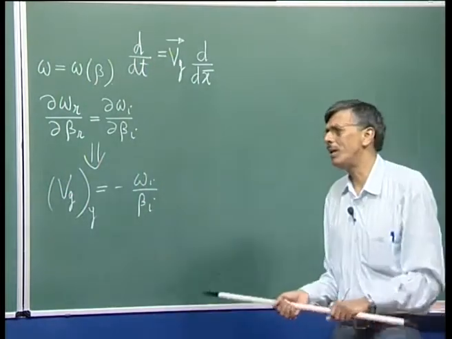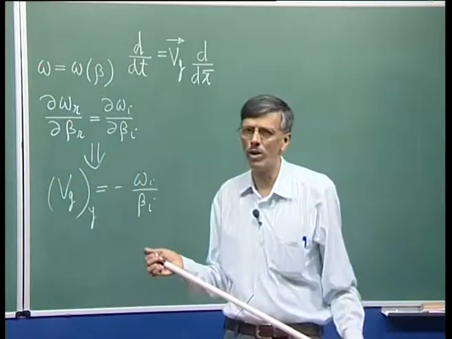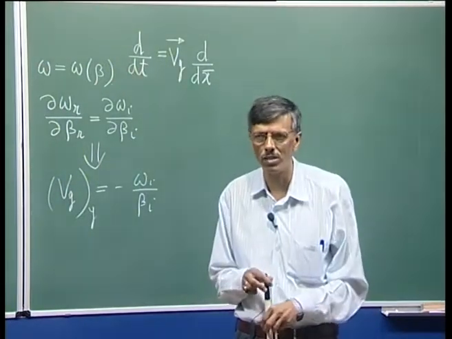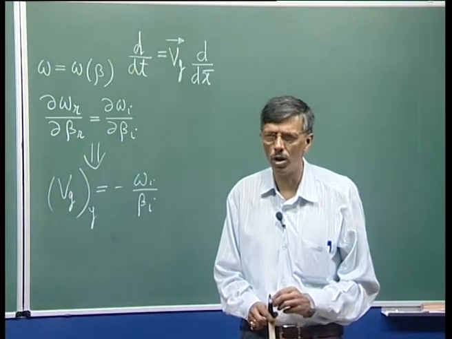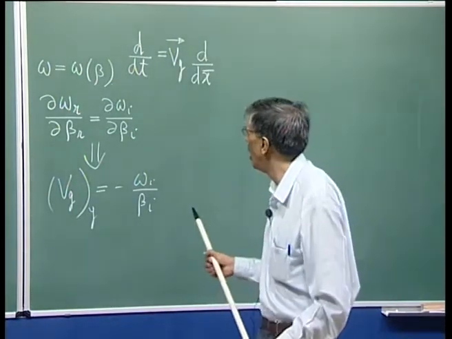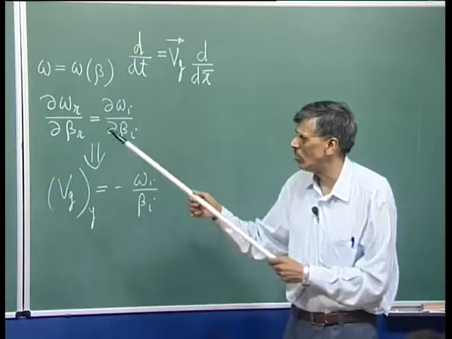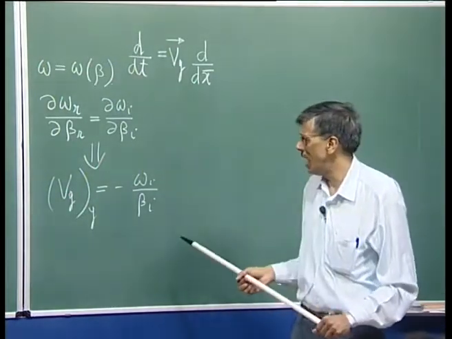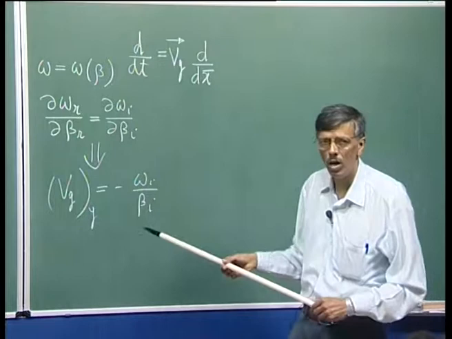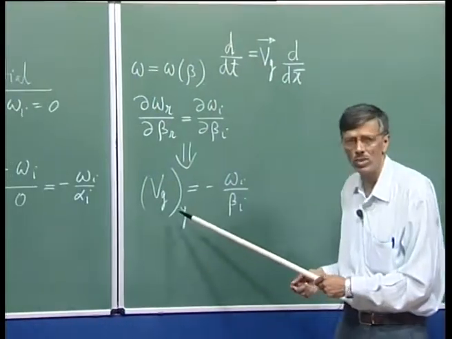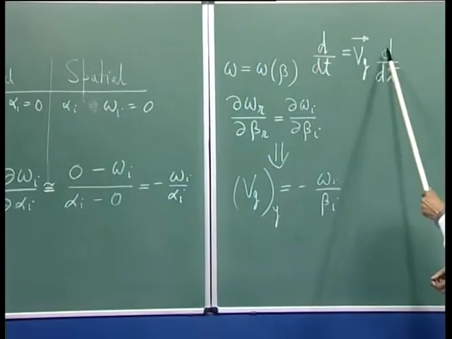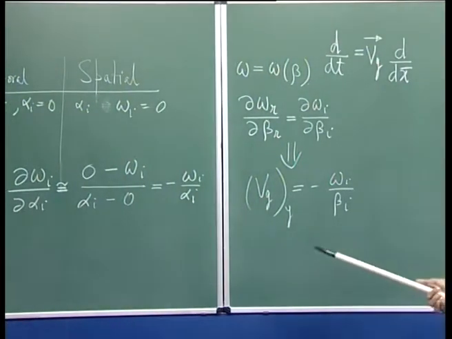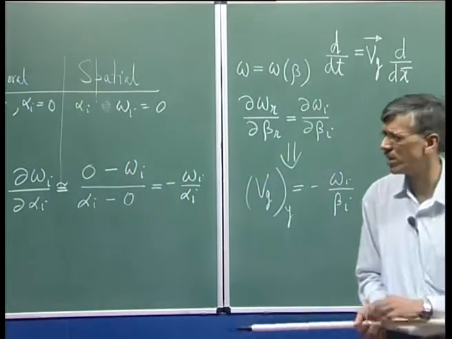So, basically this is what one would like to do. If you have a 3-dimensional instability problem, you adopt a temporal theory, you work out the components, the temporal growth rate, so omega r, omega I, and then you try to estimate the group velocities through this type of approximation, and then convert it into the spatial growth rate, right. So, this is what it is.